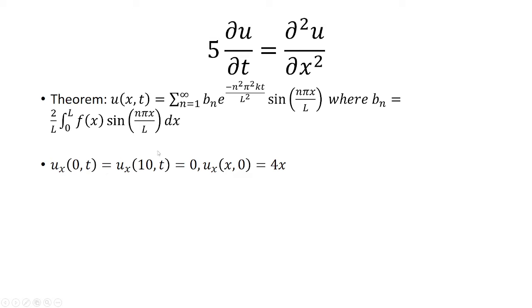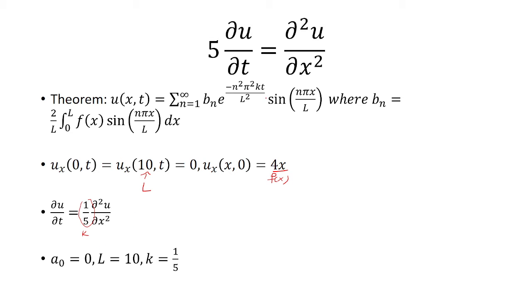Now, these are the initial conditions, and notice that this is my f(x) here. This is my capital L. So first, in order to find k, I'm going to divide both sides by 5, because this thing right here is going to be my k.